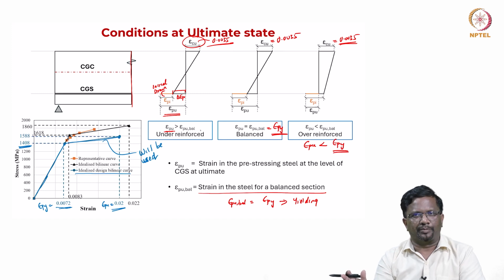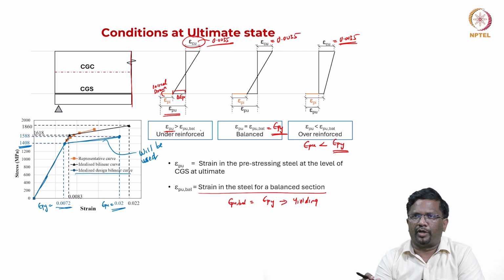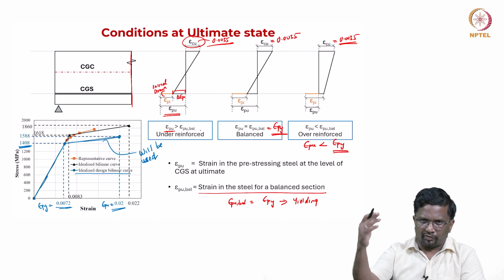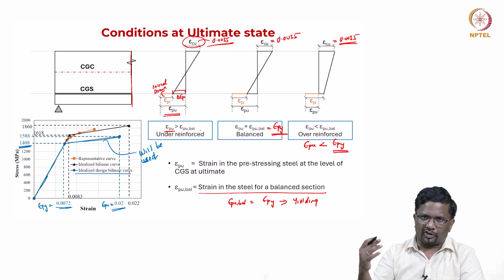Here also it is the same. Depending upon the amount of pre-stressing steel that you provide, you can have all three types of failure. You can have an under reinforced failure when you put less steel than the balanced, and in balanced failure both of them reach failure simultaneously, and in over reinforced the steel will not actually yield, right.